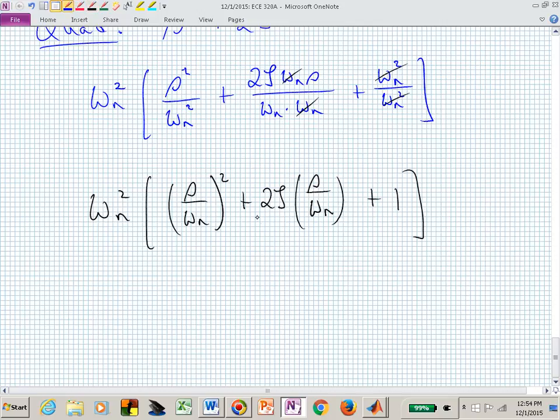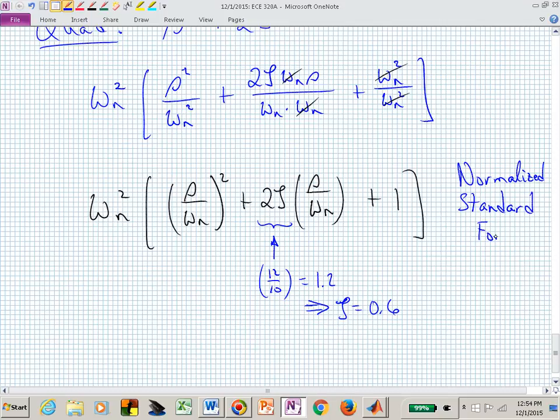In our numerical example, this ended up being 12 over 10, or 1.2, which says that twice zeta is 1.2, so we're getting back what we expected to get back, a damping ratio of 0.6. And you could say that this is really a normalized standard form.